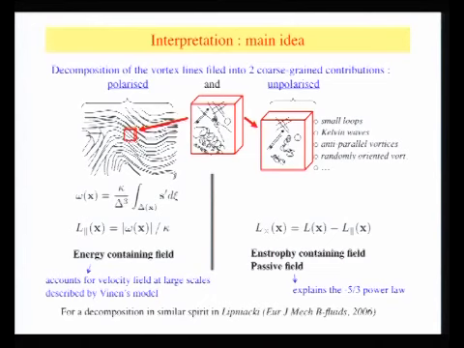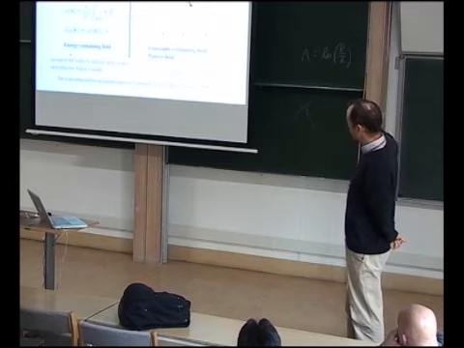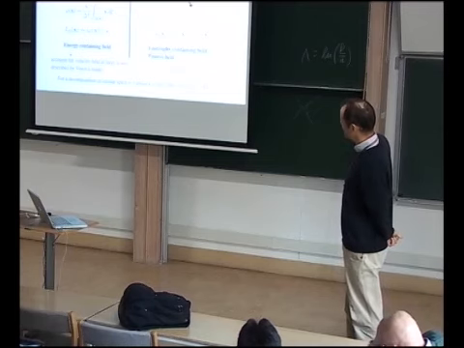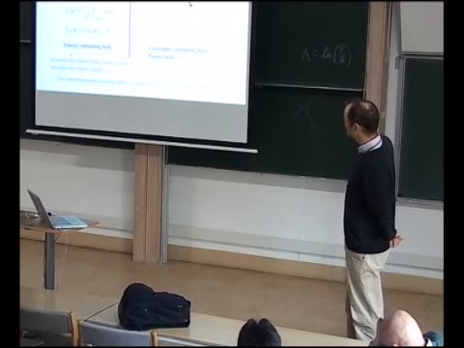And so the main idea of the model was to say this polarized field is going to contain all the energy and control all the velocity fluctuation in the inertial range, and it is the field which is described by Vinen's model.